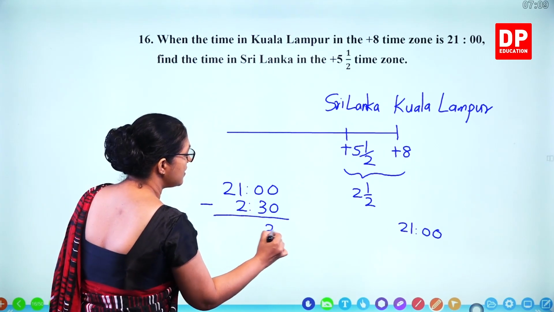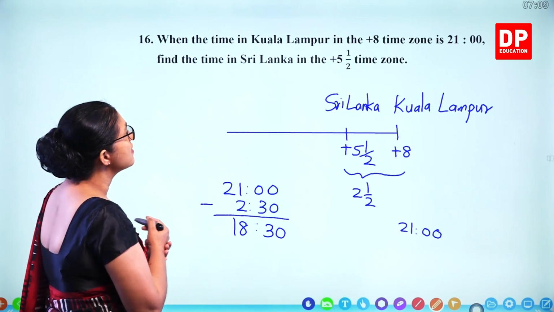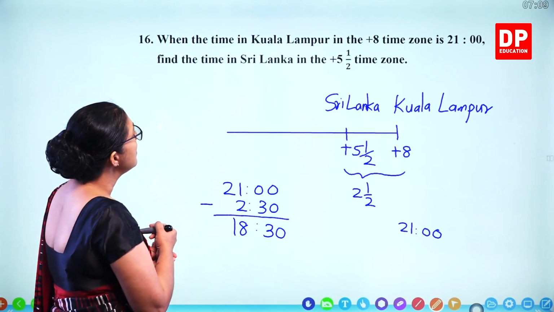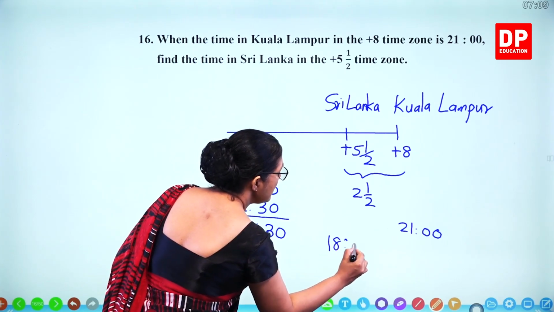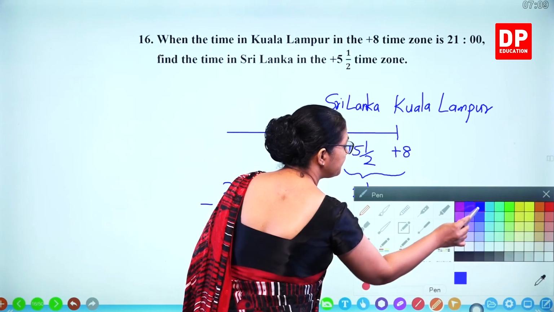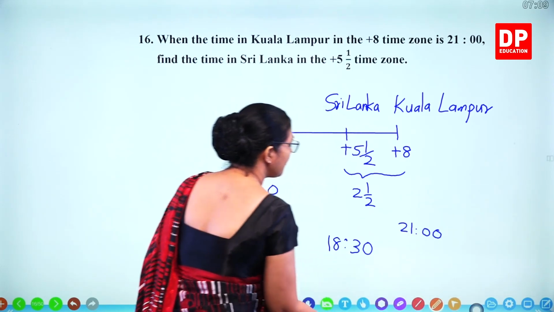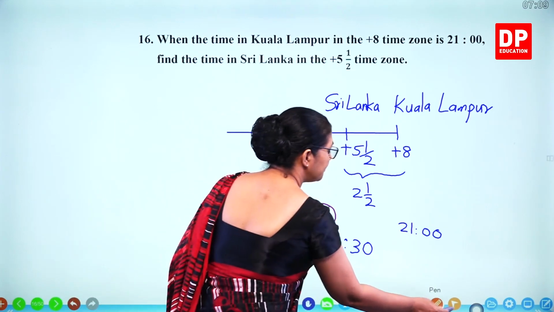So you get 30 here. 20 minus 2, 18. So the time in Sri Lanka is 18:30 hours. That means 6:30 p.m. You get 2 marks.